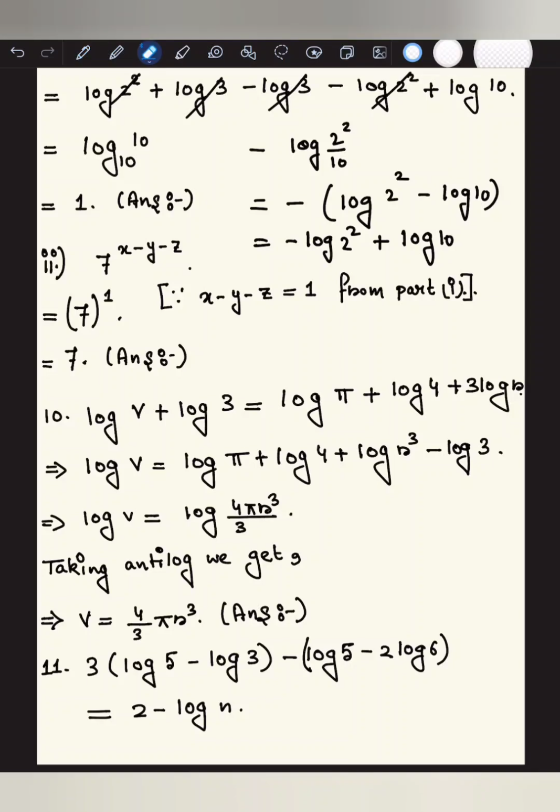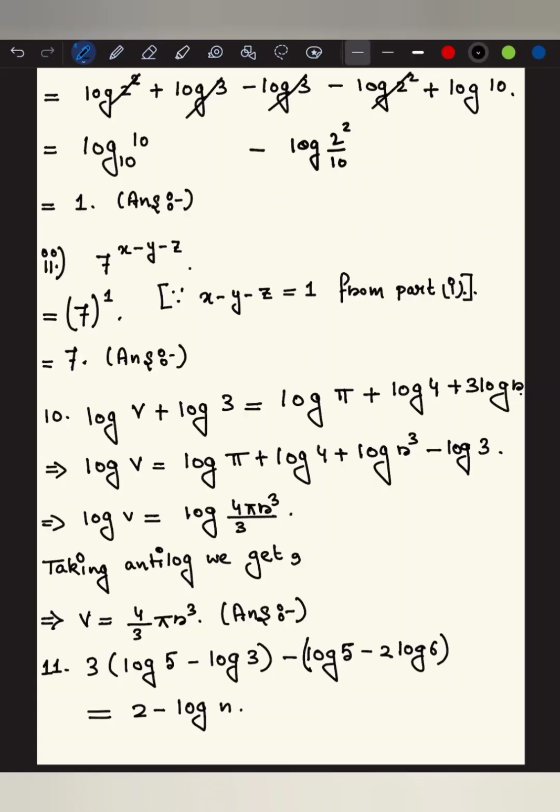Understood? That is what I have written, minus log 2 square plus log 10. So plus log 2 square minus log 2 square gets cancelled out, plus log 3 minus log 3 gets cancelled out, and it comes out to be log 10.